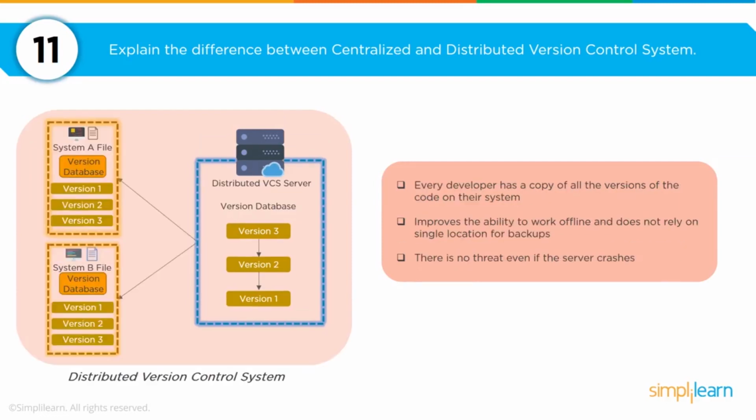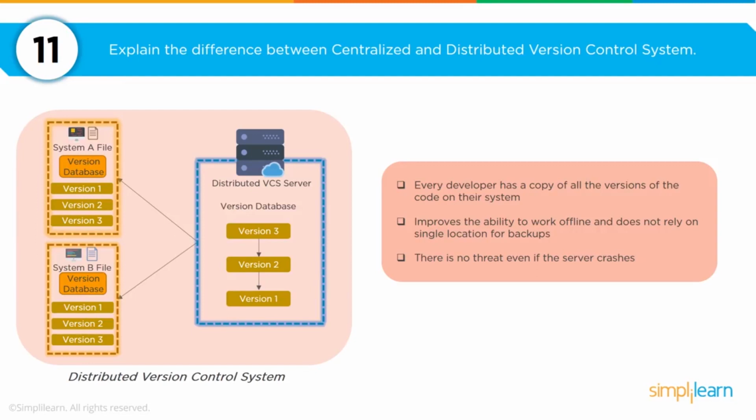Now, in contrast, in a distributed model, we do check in our code to a server. However, to be effective in building out your solution, you actually check out all of the code for the solution directly onto your local development machine. So you can have a copy of the entire solution running on your local machine. This allows you to work effectively offline. It really allows for scalability when it comes to building out your team.